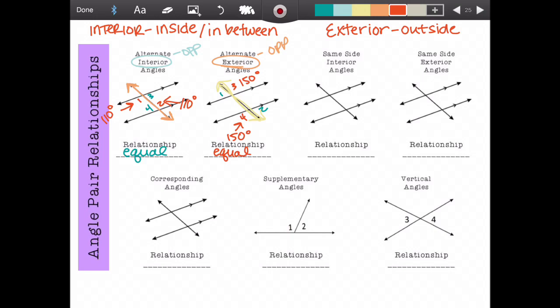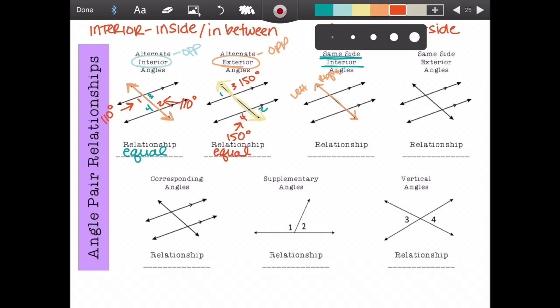Moving right along, same side interior angles. Just like it sounds, same side means the same side of the transversal, and interior means in between the parallel lines. Identify the transversal, and now we're looking on the same side. Both angles are either going to be on the left of the transversal or on the right, and they're going to be interior, in between the parallel lines.